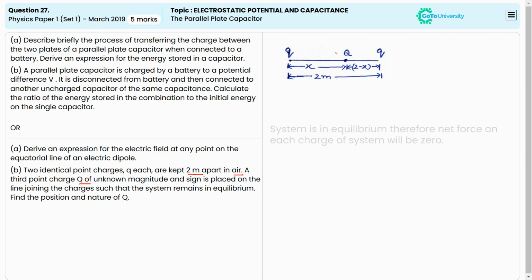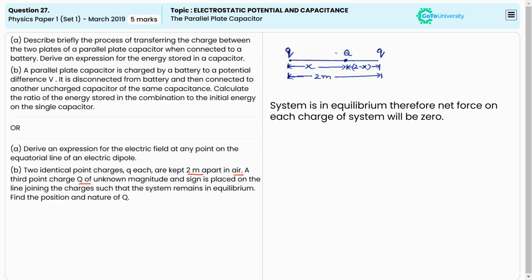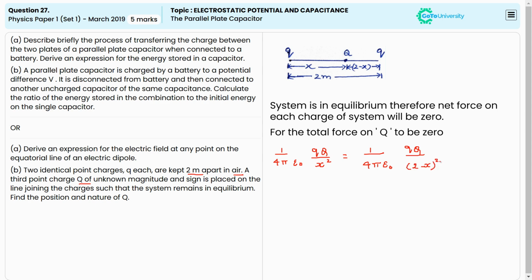The system is in equilibrium. Therefore, net force on each charge of the system will be 0. That is, for the total force on Q to be 0, we can write 1 upon 4 pi epsilon naught into Q divided by x square is equal to 1 upon 4 pi epsilon naught Q divided by 2 minus x whole square.